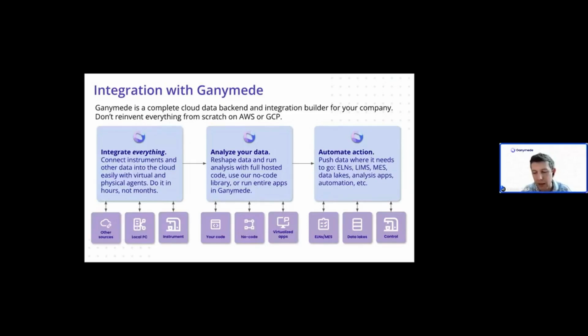You have to be able to integrate everything. That means getting the data from instruments, that means getting the data from machinery, from apps, from databases, and putting it all in one place in a FAIR format. So not just having and collecting the data, but also parsing it into a standard tabular format. That's what we do. And then once you have it in that format, it makes it easy to analyze.